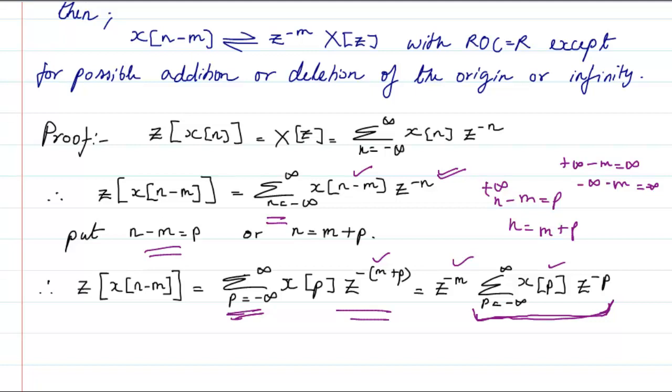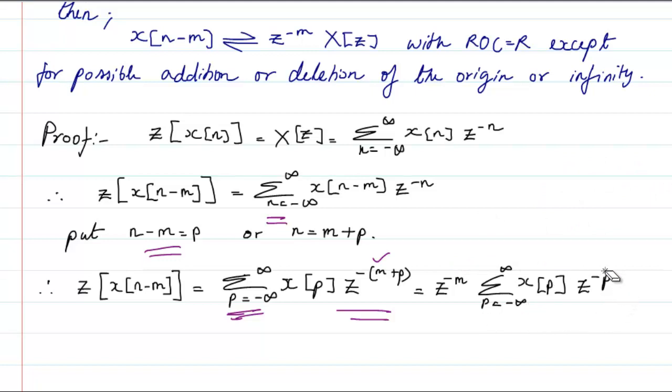So with all of this, what do we see? We see that the original z transform of x of n is getting multiplied with z raised to power minus m.